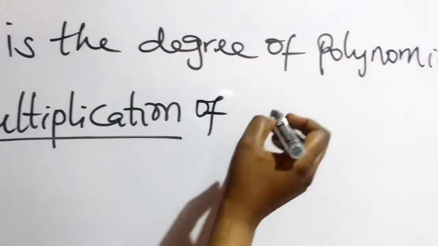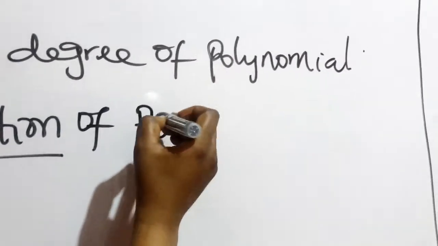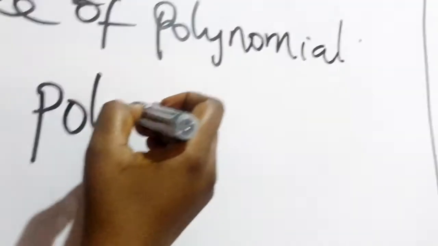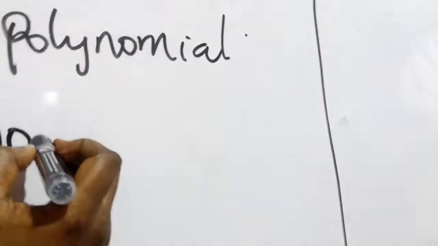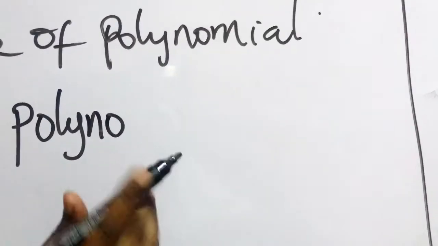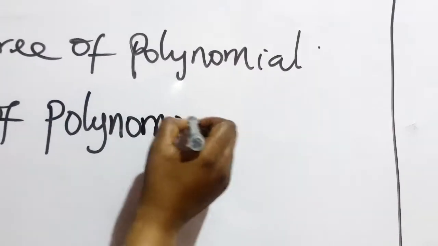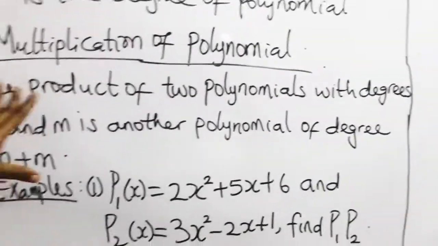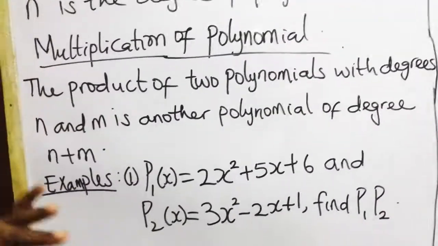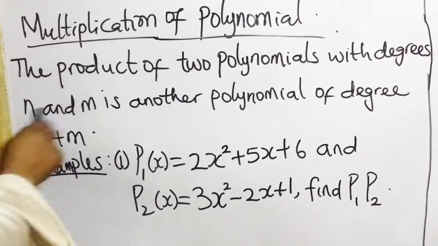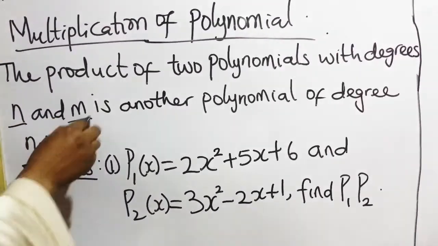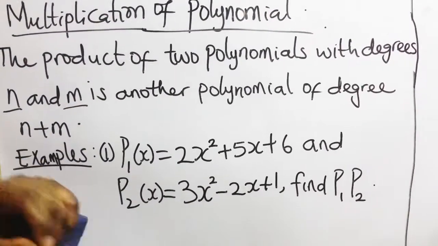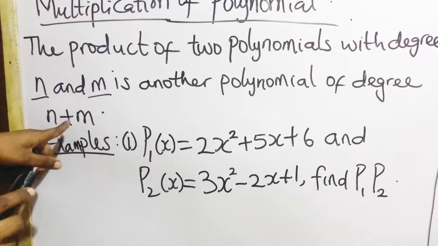So the product of two polynomials with degrees m and n will give you another polynomial of degree m plus n. So what I'm saying is that the product of two polynomials with degrees n and m will give you another polynomial of degree n plus m.